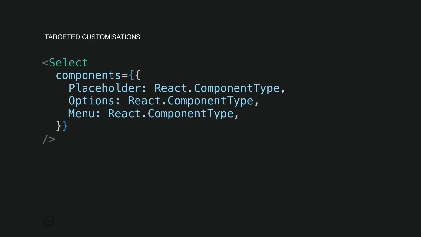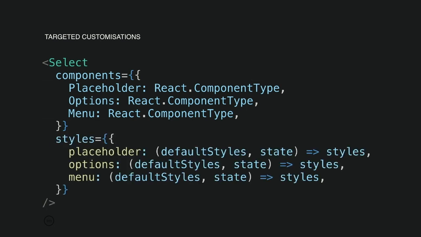So we solved this in React-Select a while ago by leveraging a components prop. And this is a really nice way of solving this problem, because users can choose to target specific subcomponents in our tree and override them. And if they don't, they can just rely on our defaults. And if they only want to customize the styles, well, we can let them do that as well, and only that.